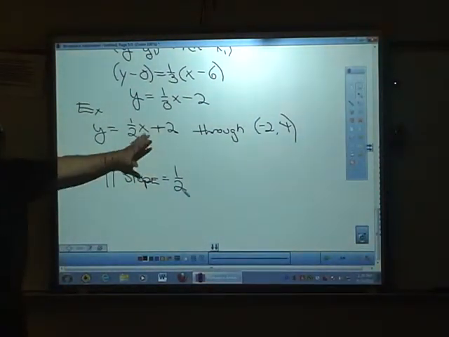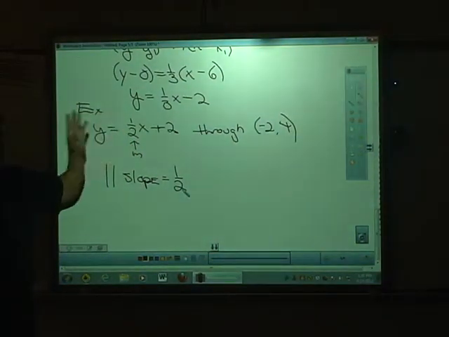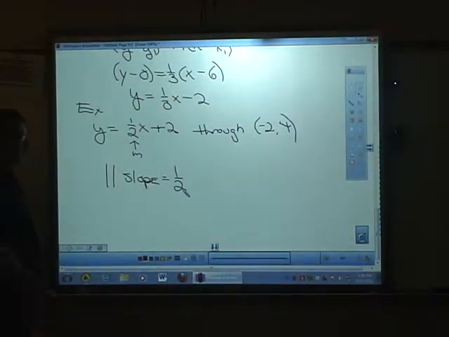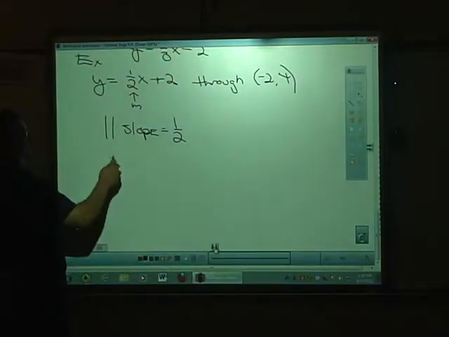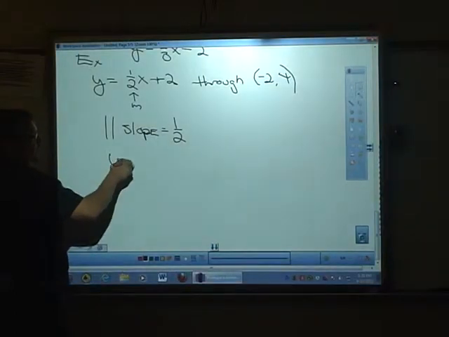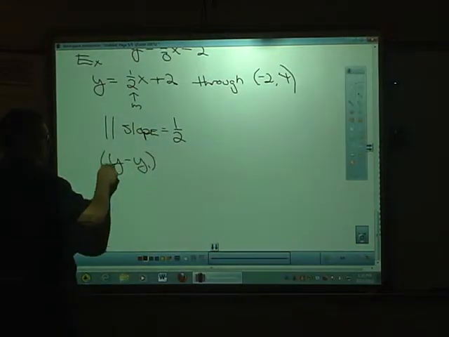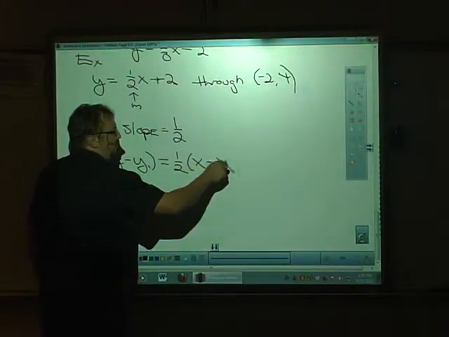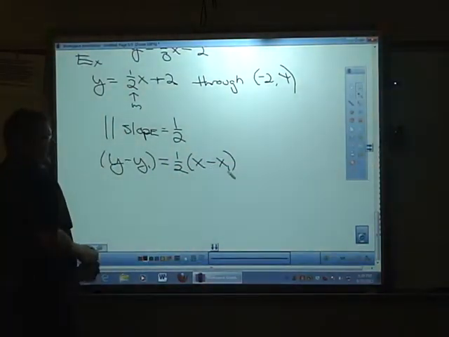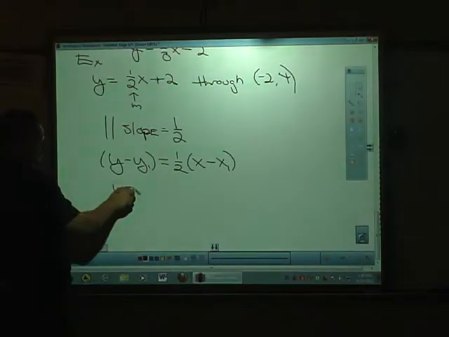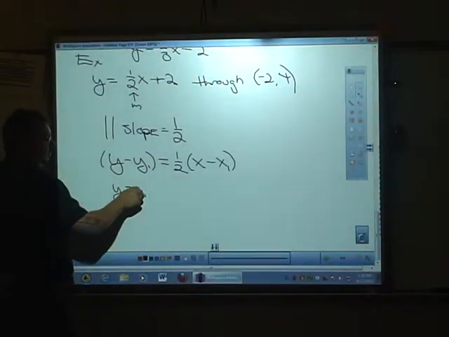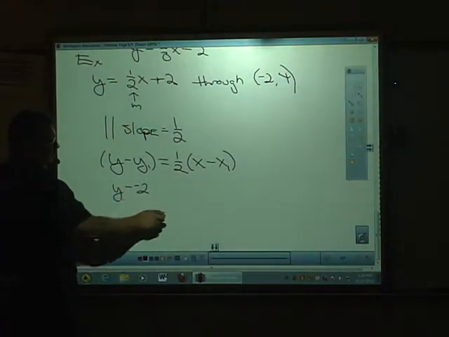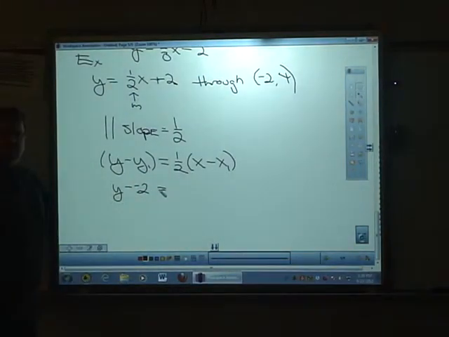Don't worry about any of the other stuff. The slope is what's in front of the x. That's what you've got to worry about. So when we write our equation, we're going to say y minus y1 equals 1/2 times x minus x1. I'll have y minus a -2 equals, wait, what?